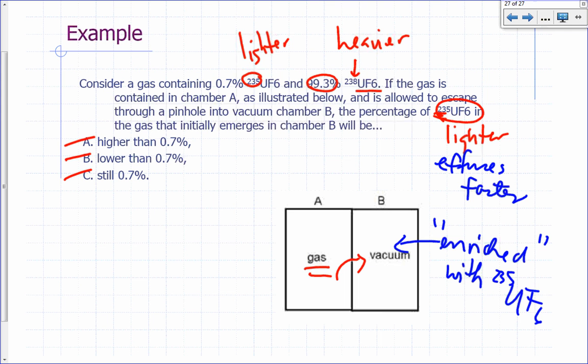So that means the percentage of your uranium hexafluoride with the uranium-235 isotope is going to be higher than 0.7%. Okay, so this is the principle behind the enrichment of uranium-235. Okay, and that's it.